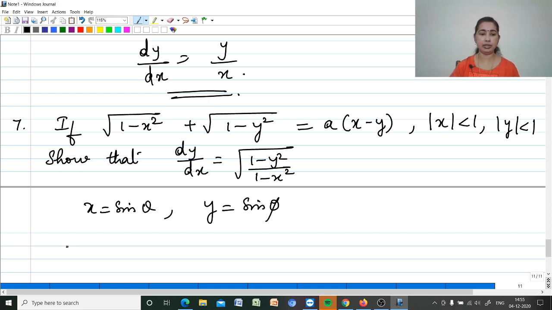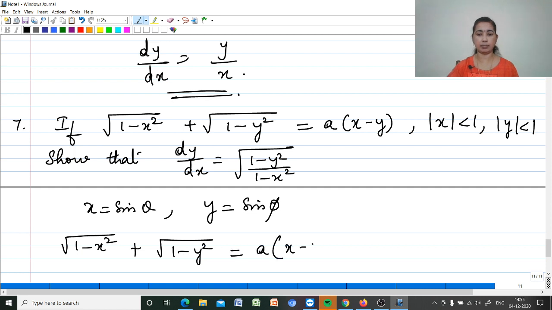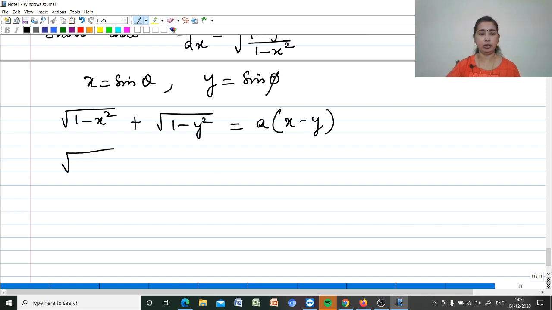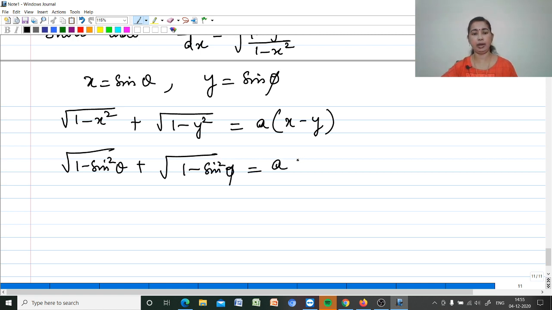So this given result, root of 1 minus x square plus root of 1 minus y square equal to a into x minus y, can be written as root of 1 minus sine square theta plus root of 1 minus sine square phi equal to a into (sine theta minus sine phi).